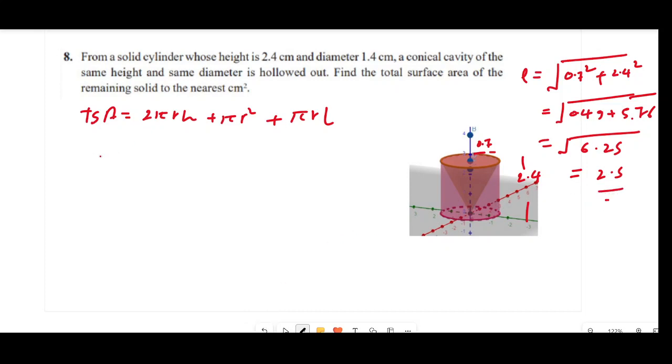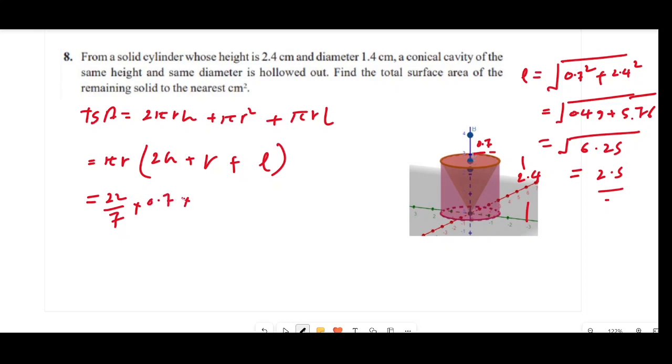Now find out the total surface area. First we can take common pi r. Now here this will be 2h, this will be r, this will be L. Now pi is given as 22 by 7, r is 0.7.